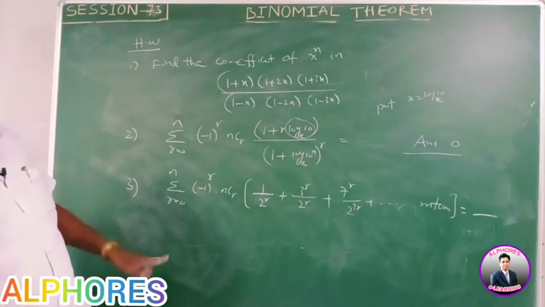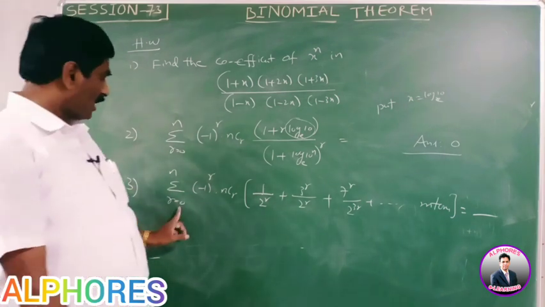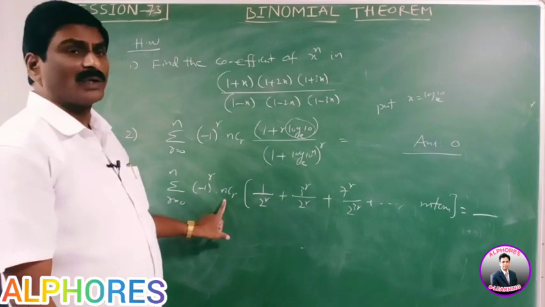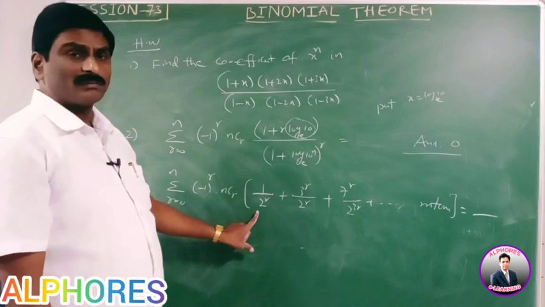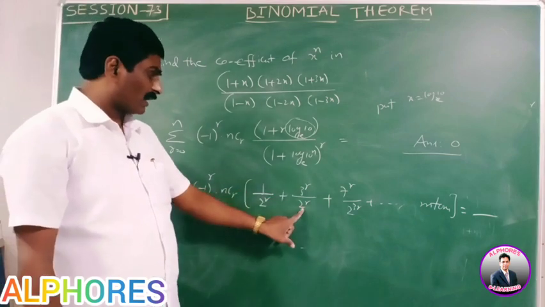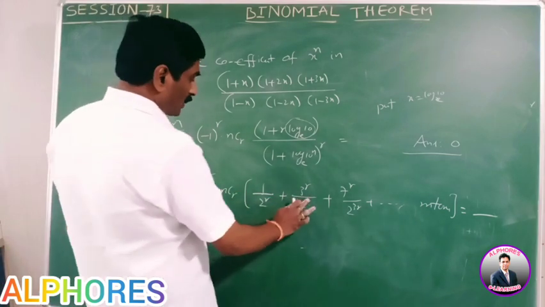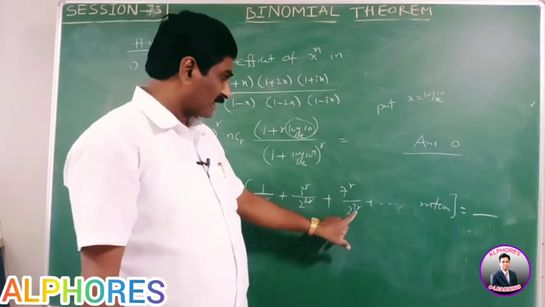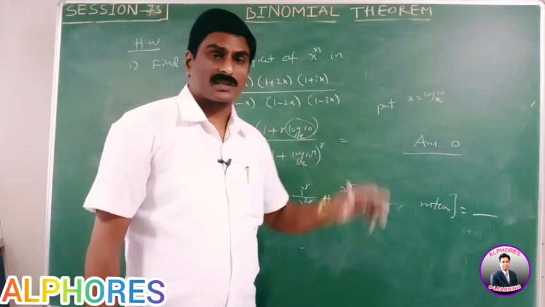Next, third one. Sigma r equal to 0 to n of (−1)^r nCr into (1/2^r + 3^r/2^(2r) + 7^r/2^(3r) + so on) up to m terms.